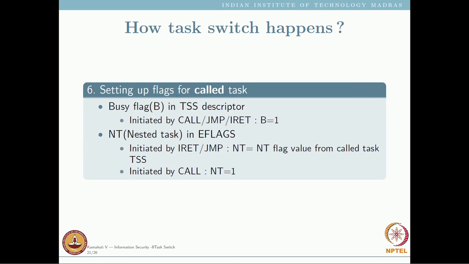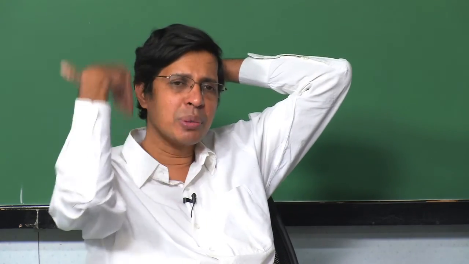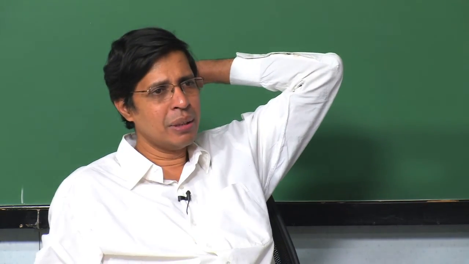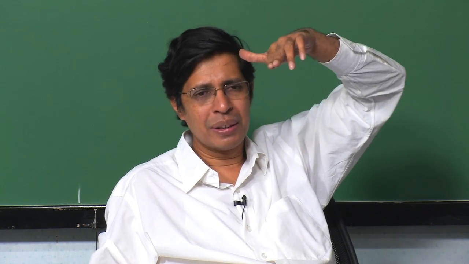Right. So, if I am initiated by jump, then what is the NT? It is the NT flag of my fellow who is jumping into me. If I am initiated by a call, my NT is 1. If I am initiated by a jump, why should my NT flag be the NT flag of who jumped to me? Because please note that there might be a call to a routine and he may jump and that fellow may also jump, and somewhere I will go and return my call.